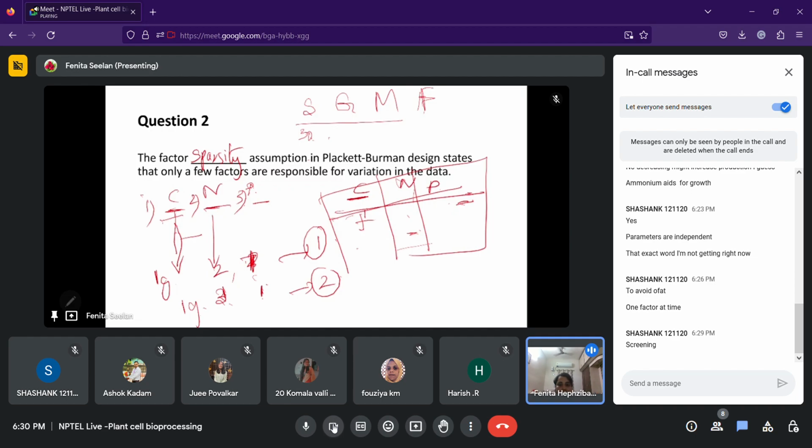Okay, so now give me... Okay, Sashank is answering. So I'm understanding that he remembers, understood and read about the Plackett-Burman design. What about others? We are still in the Plackett-Burman design. The response surface methodology and all are coming later.